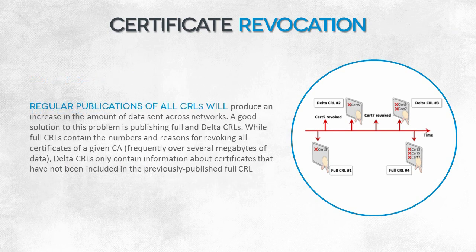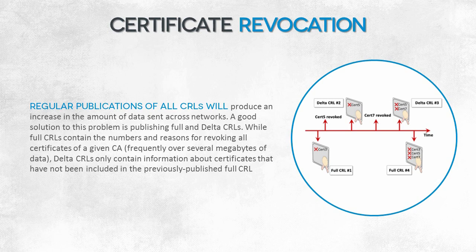The less frequently we publish a CRL list, the longer someone may use a compromised certificate. But if we publish it too frequently, we'll generate lots of traffic on the network. Certificate revocation lists can be quite long. The serial numbers of all the revoked certificates from the beginning of the authority's life are there.